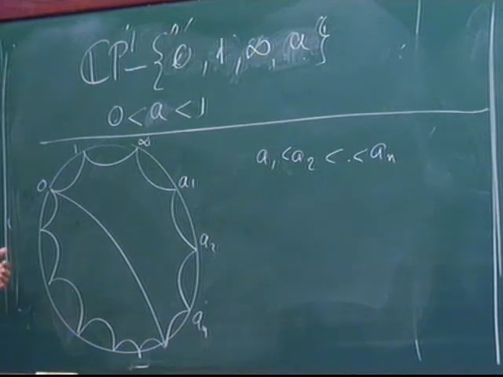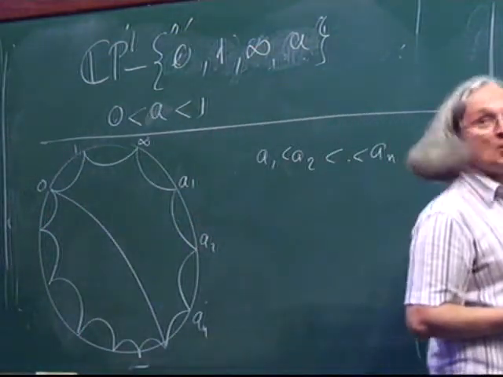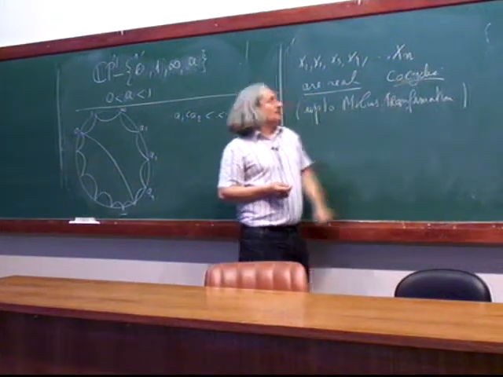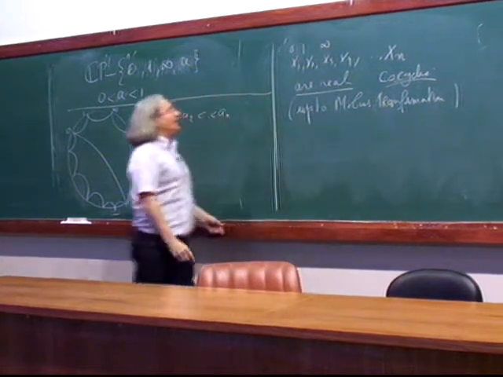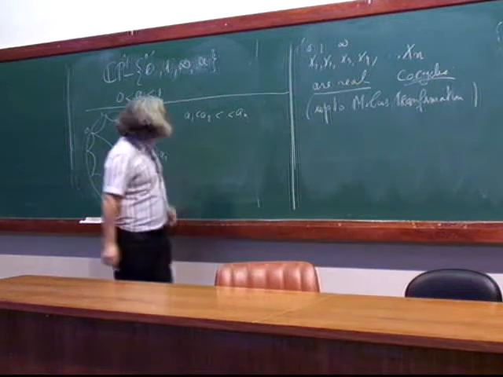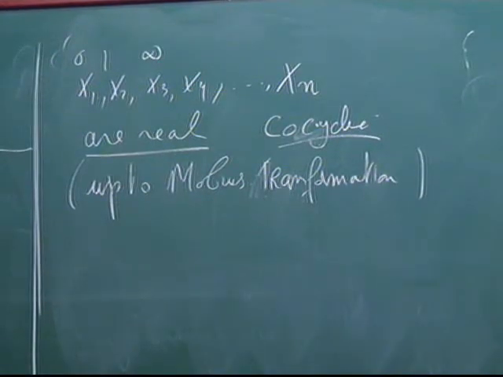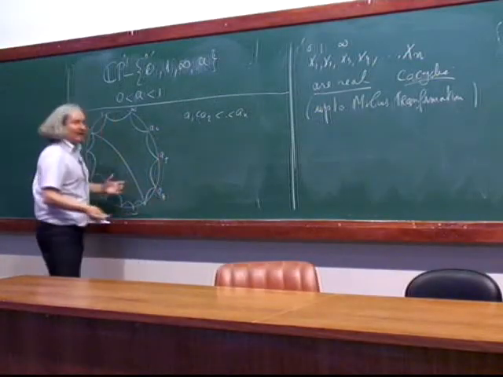And we want to show that you can adapt the values of the AIs to reach any choice of the XIs. So, of course, this is 1, infinity. And the functions x4, ..., xn are functions of the AIs.